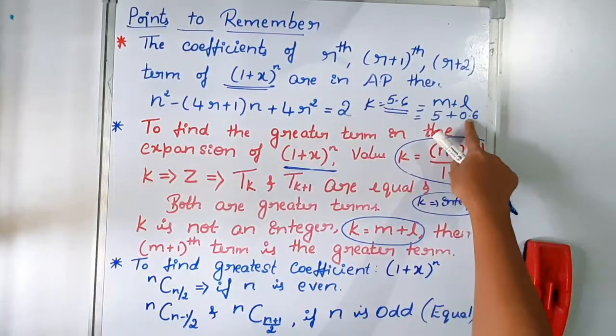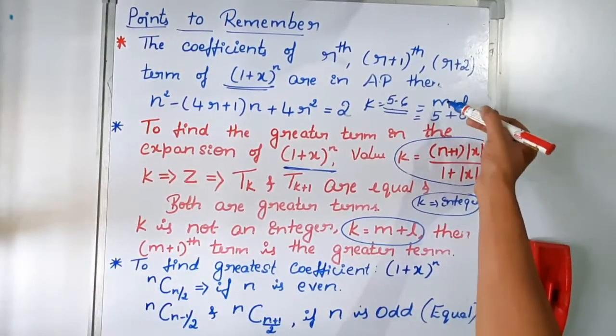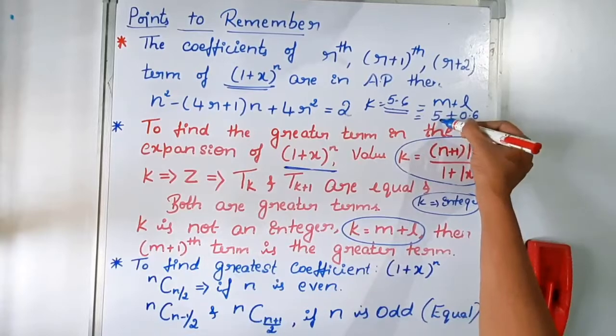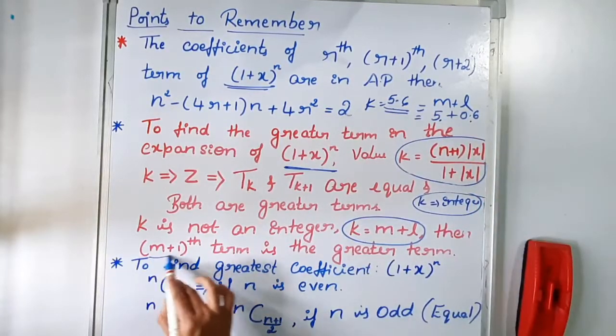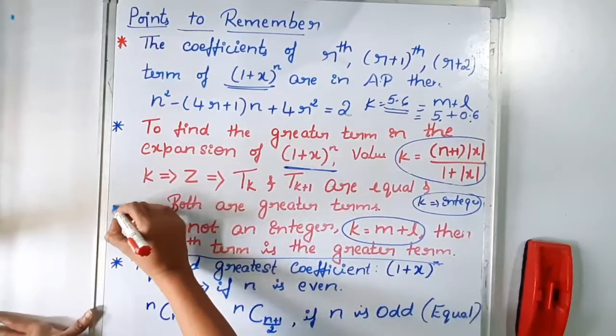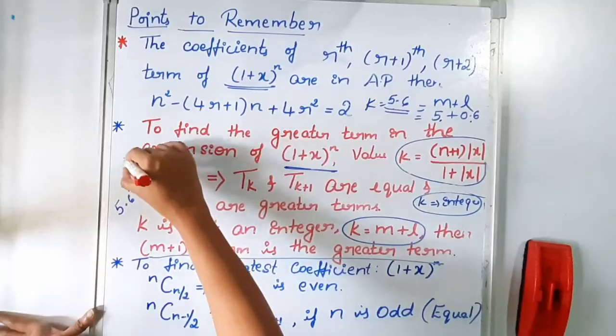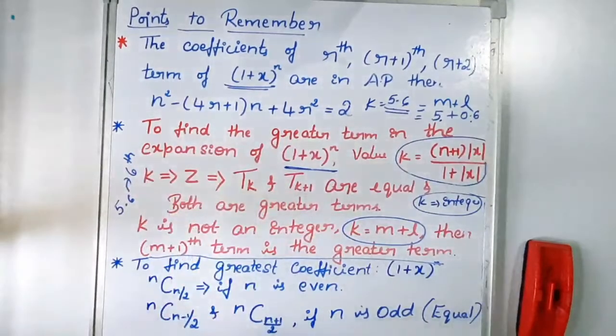So the value of l is always between 0 and 1, less than 1. So the value of m will be equal to 5. So that is nothing but the m plus 1th term is the greater term. Simple, no need to worry about that. So if it is 5.6, then the term will be the 6th term. Next term you have to take. You are not supposed to come back.